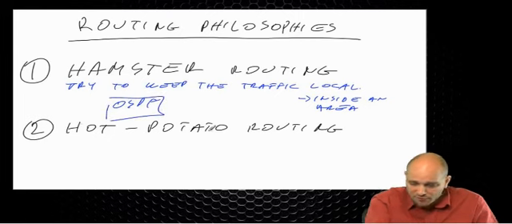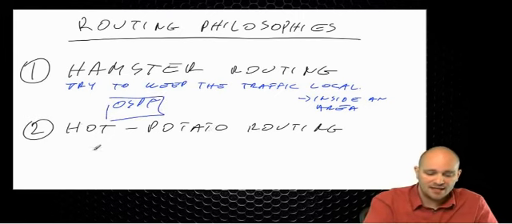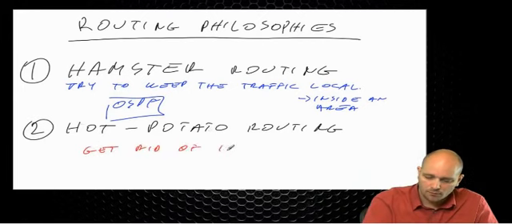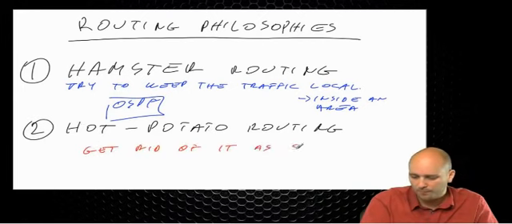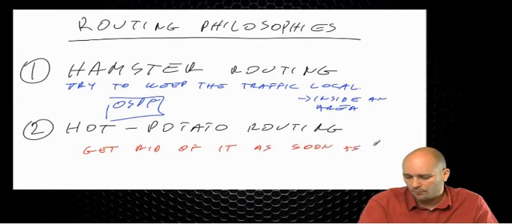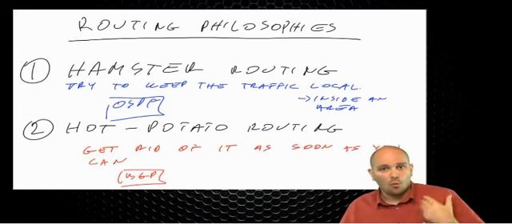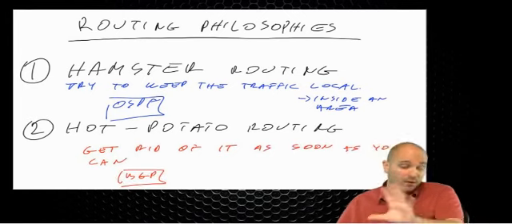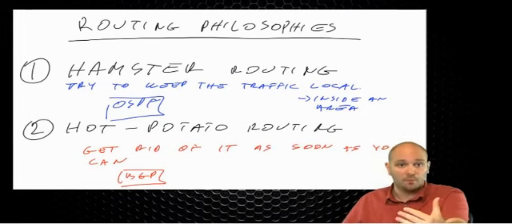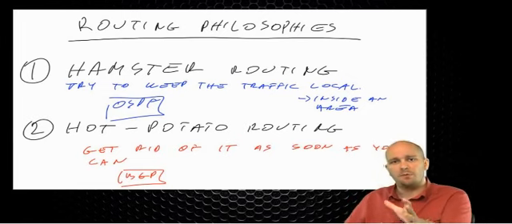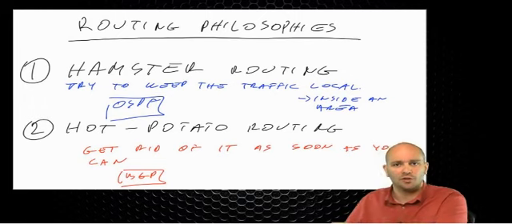Hot potato, just to give you an idea what hot potato routing is: get rid of it as soon as you can. And this is what, for example, BGP does. Now, we haven't talked about BGP yet, but you probably know a little bit about it. BGP prefers external routes over internal routes.